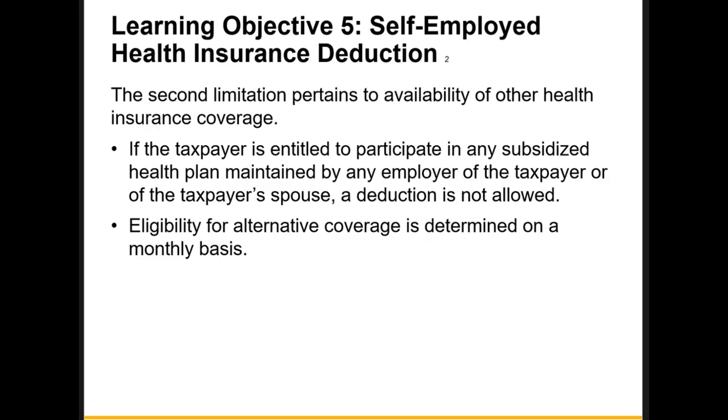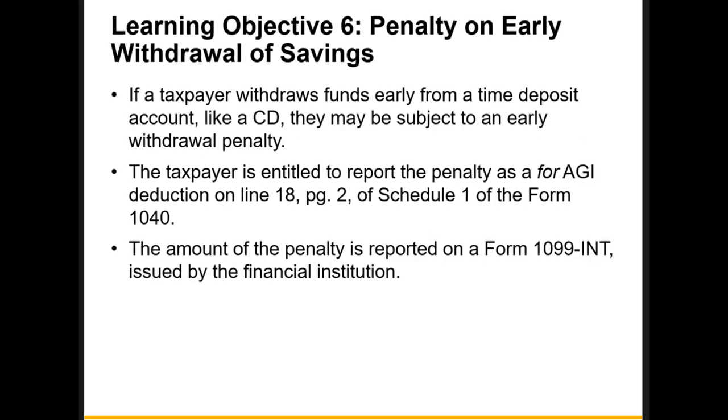So your only choice needs to be what you're paying for your self-employment health insurance. If that's your only choice, then you can deduct it for AGI, but not if you have access to it through you or your spouse even. Okay, then this deduction is not allowed.